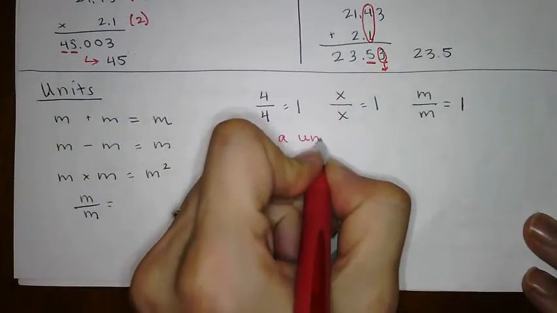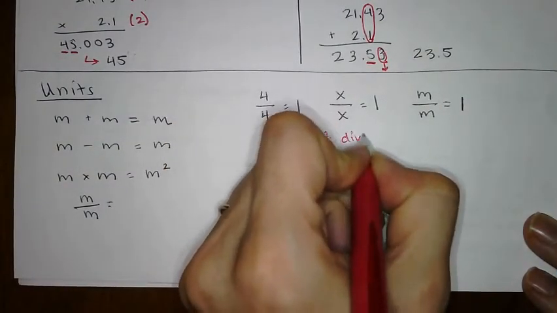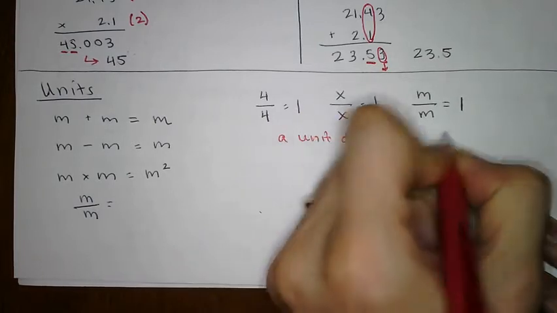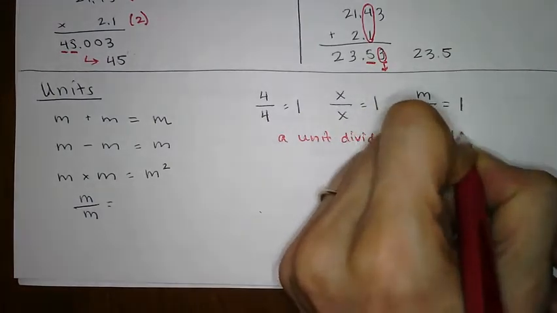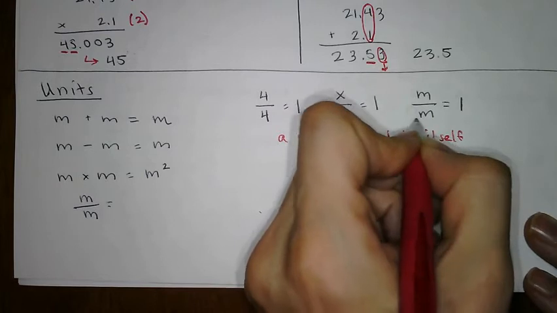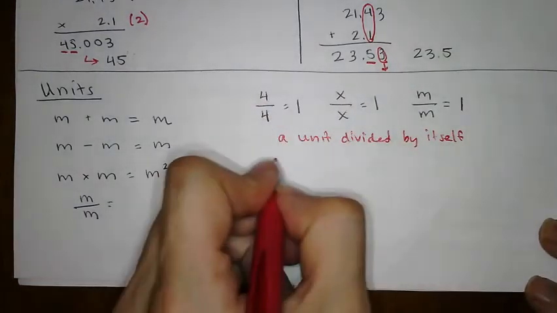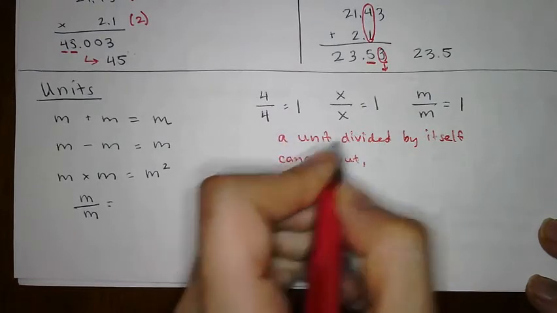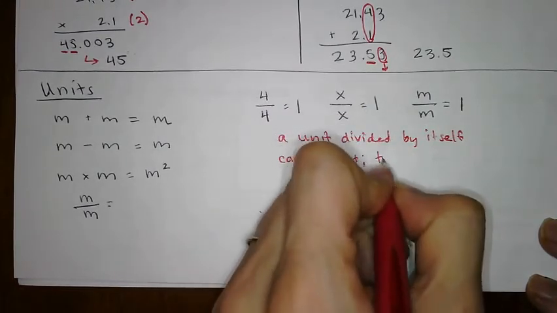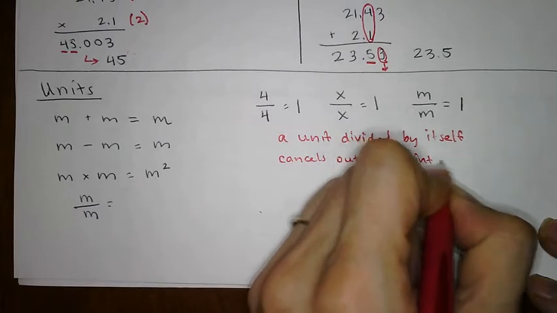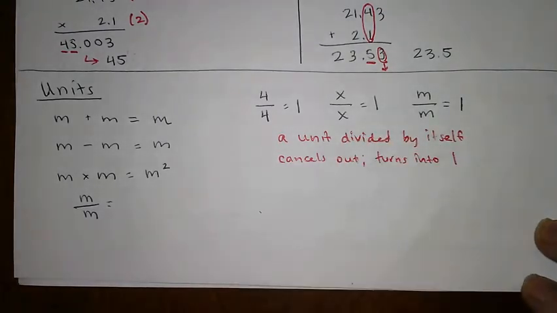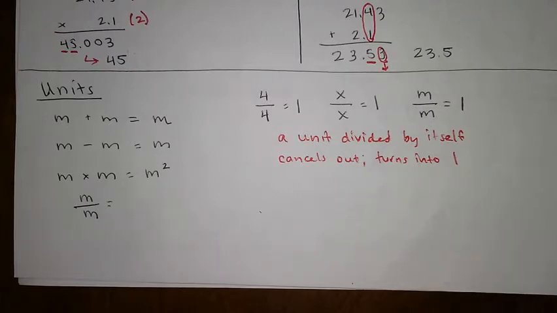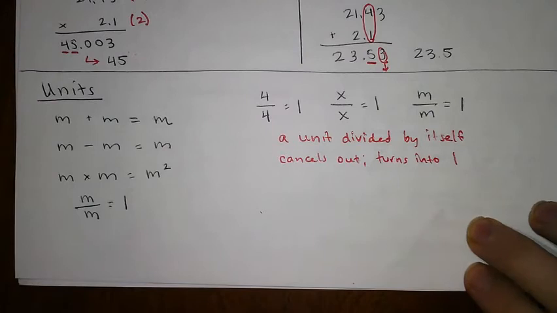A unit divided by itself, in other words, you find it in the numerator and in the denominator, cancels out, which means it turns into 1. Not 0. If it turns into 0, that's going to mess up a whole bunch of things. It turns into 1.